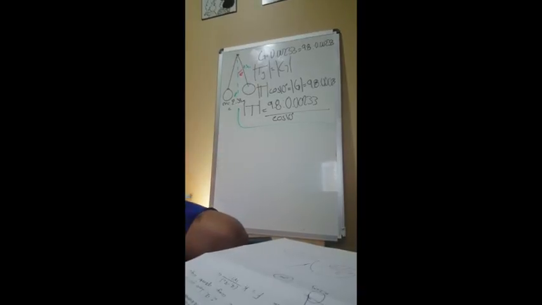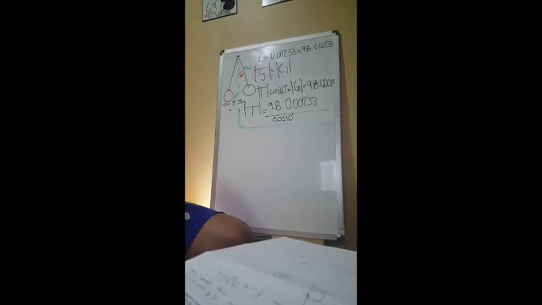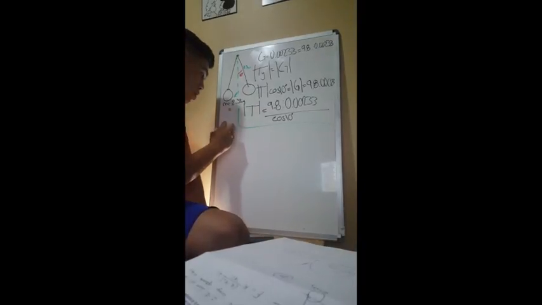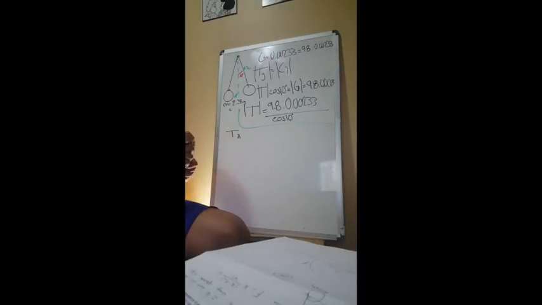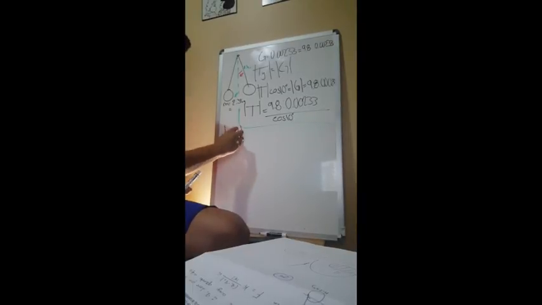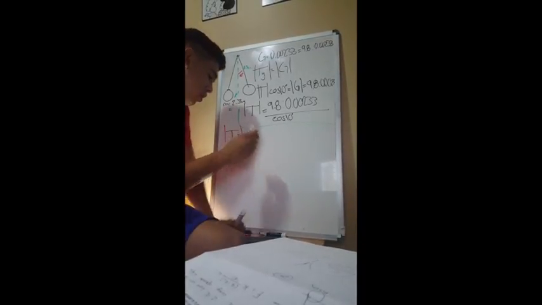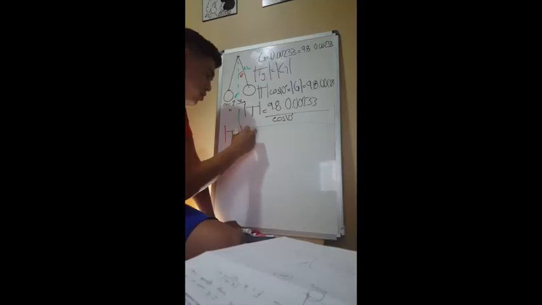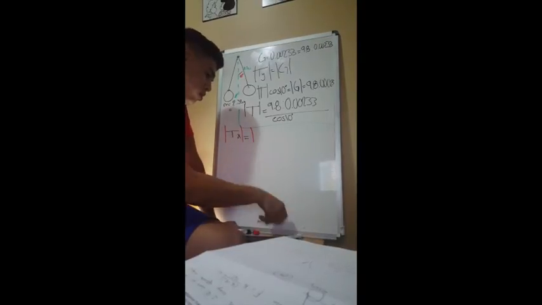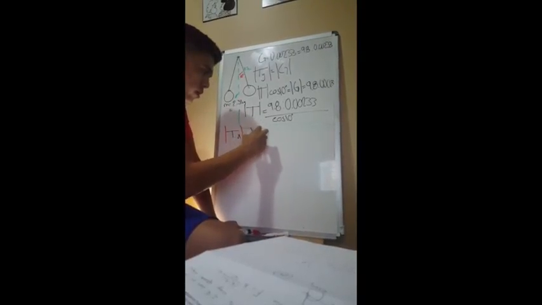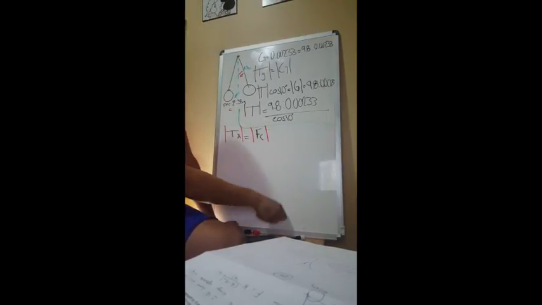We're gonna get the values, and then we're gonna get how much is the value for T. In this case, we're gonna continue with the magnitude of Tx. The magnitude of Tx will be equal to the magnitude of the force FE, right?